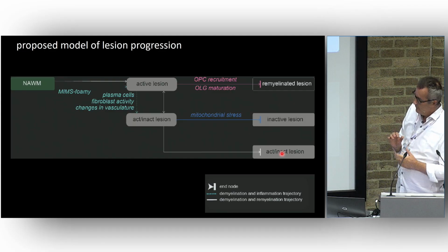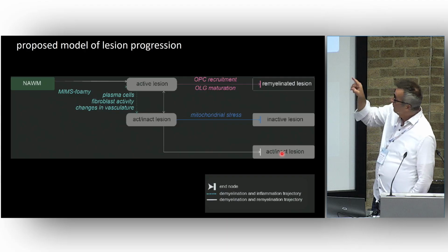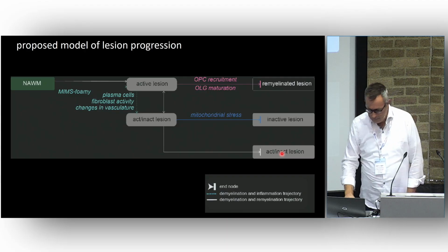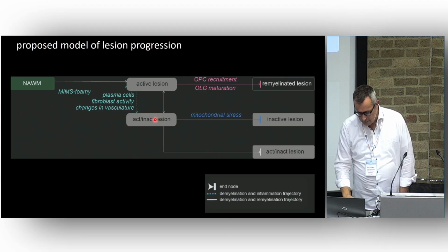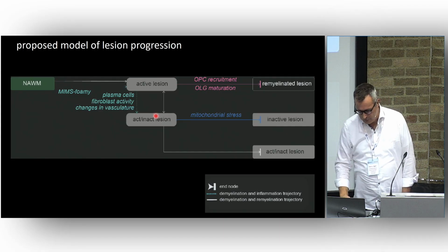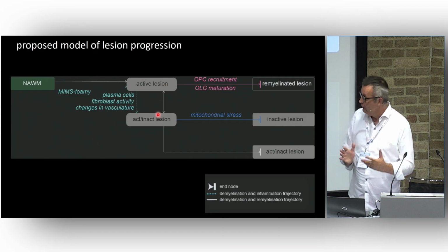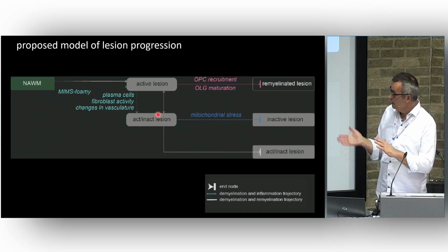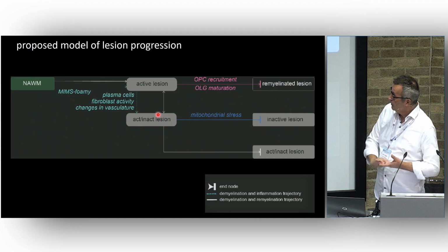And our data suggests that in order to remyelinate, you need to go through an active lesion state. And we hope and we think that our data suggests that if you're an inactive lesion, you can go back to an active state. But we are very interested in the biological processes that drive all these different bifurcations.